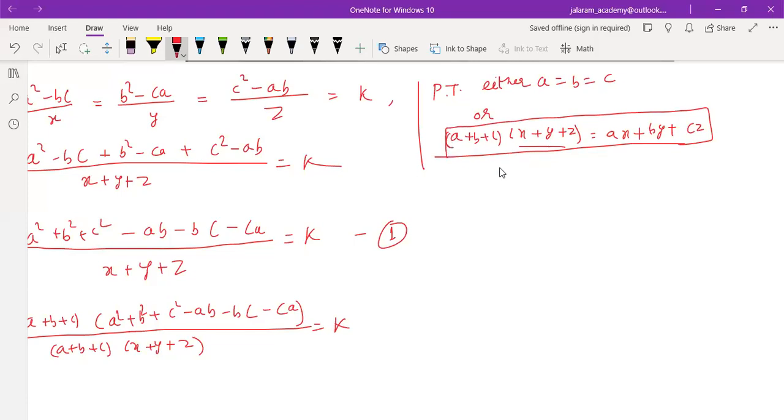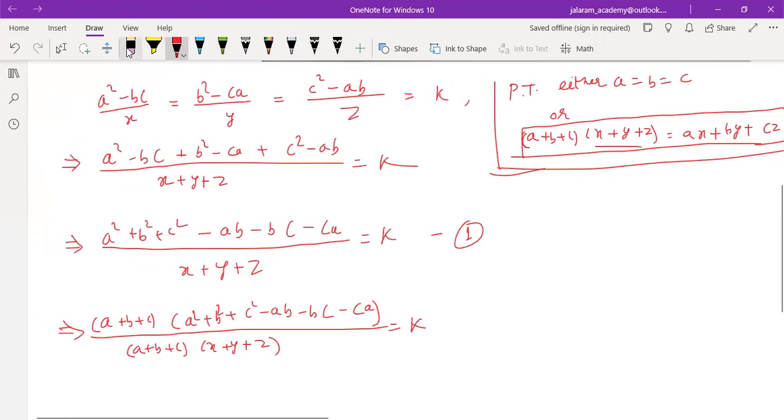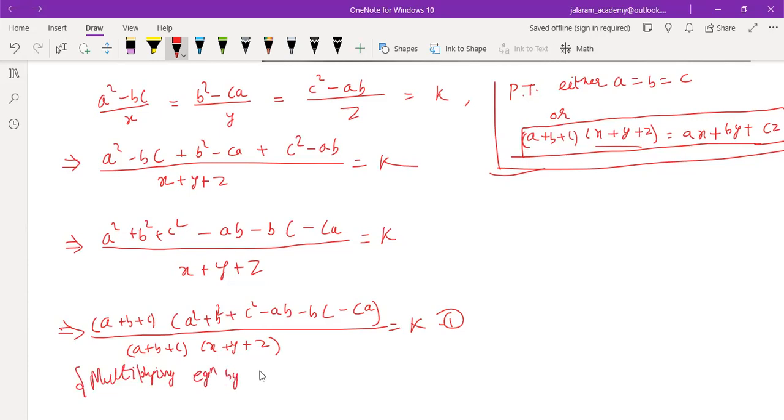Is that clear to you? Now take this equation as equation number 1. You can write the reason. If you are not getting it, I am also writing: multiplying equation by a plus b plus c to the numerator and denominator. Okay, understood everyone?